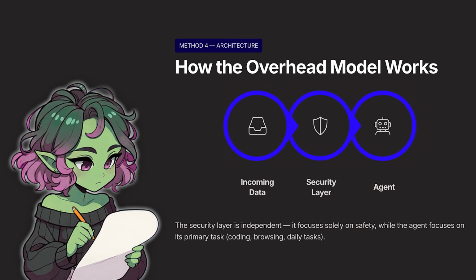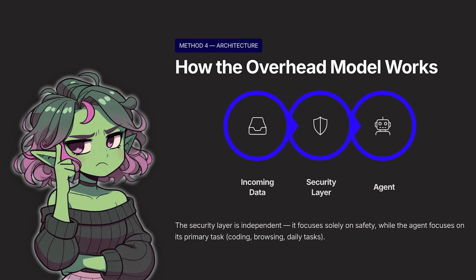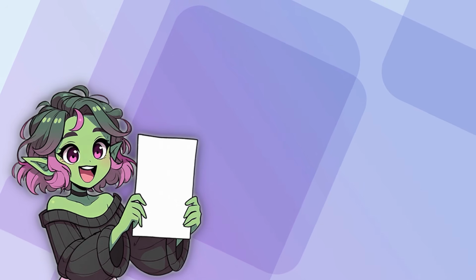Your agent might focus on coding, daily tasks, surfing the internet, or any number of other things. Juggling security with that is not really a simple task, so by putting on an additional security-specific layer independent from the agent, you're guaranteeing that the safety layer is focusing on keeping the working side of the agent safe from IPI. That is pretty much it on this story.